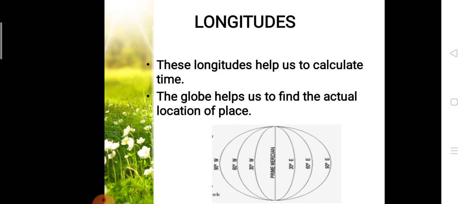The rate of difference can be calculated as the earth rotates 360 degree in about 24 hours, which means 15 degree an hour or 1 degree in 4 minutes. Okay, like this we calculate time using these longitudes.